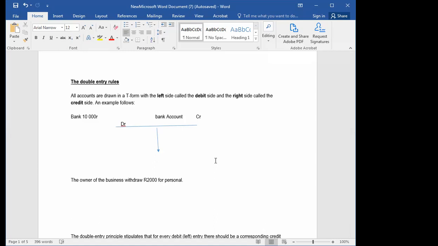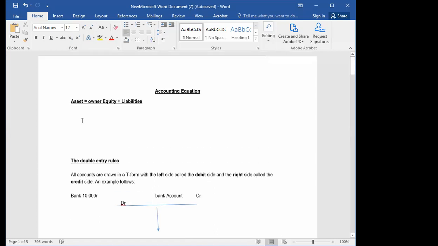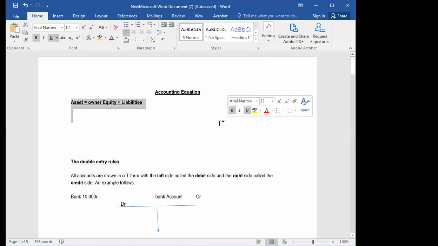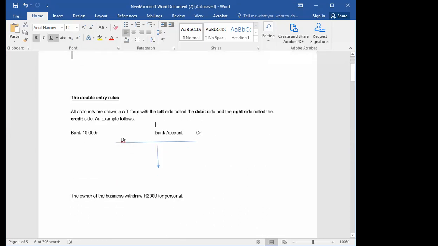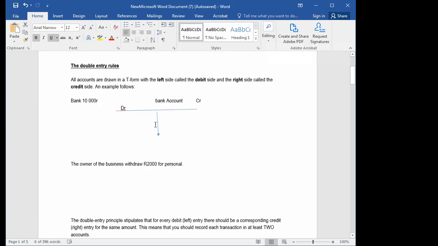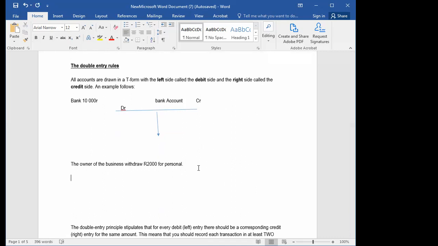Are they assets, owner's equity, or liabilities? Therefore, you need to identify according to the accounting equation. Then you see the effect in your accounting equation according to the accounts. Then you see whether it's entered on a debit side or on a credit side. Okay, now this is our question.